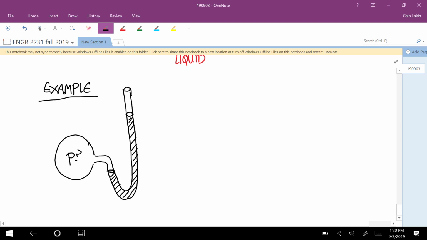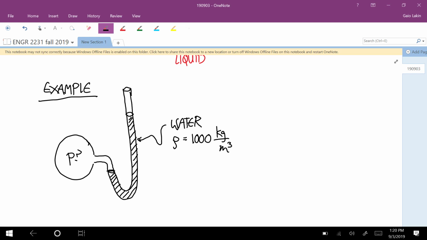And let's say that this is water. And water has a density of 1,000 kilograms per meter cubed. And in order to do this calculation, we need to know the atmospheric pressure. So let's say that on the table next to it, we have a barometer.